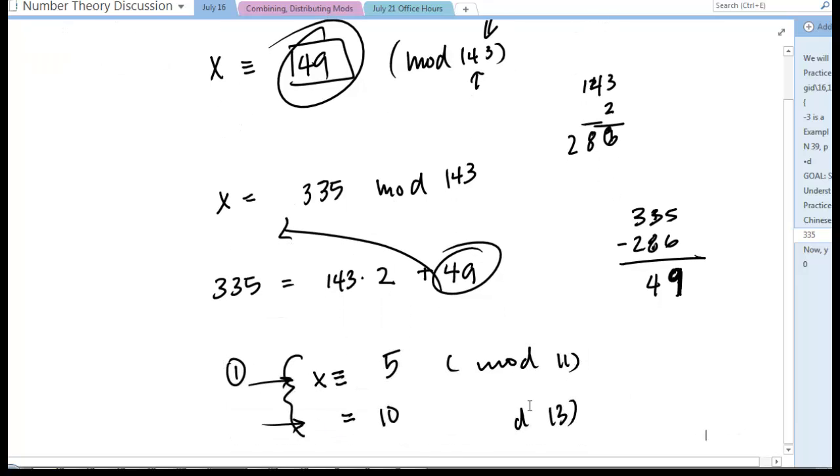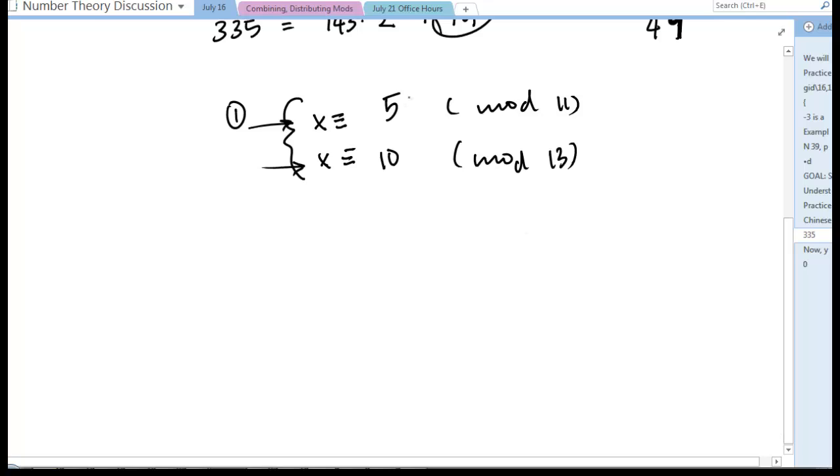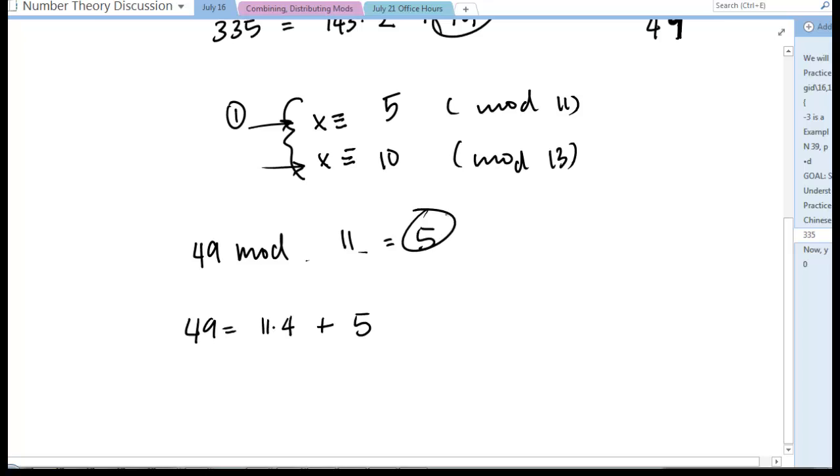So let's figure out what 49 is mod 11. The closest multiple of 11 to 49 is 44, and I add 5 more. So I get that x is congruent to 5 mod 11.